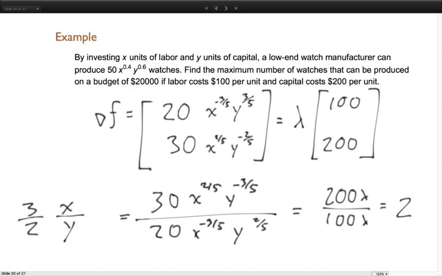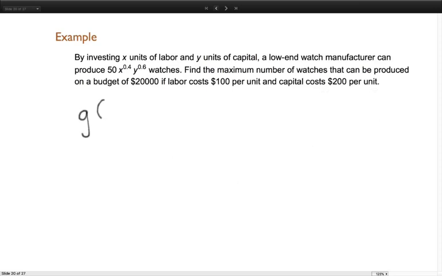So what's left to do? We have our constraint still to satisfy. We just have a relation on y to x. So we plug that into g. X is x. Y has to be 3/4 of the size of x to maximize our production. So we just figure out what that budget allows by plugging in, and now it's very simple high school algebra, or maybe middle school algebra.